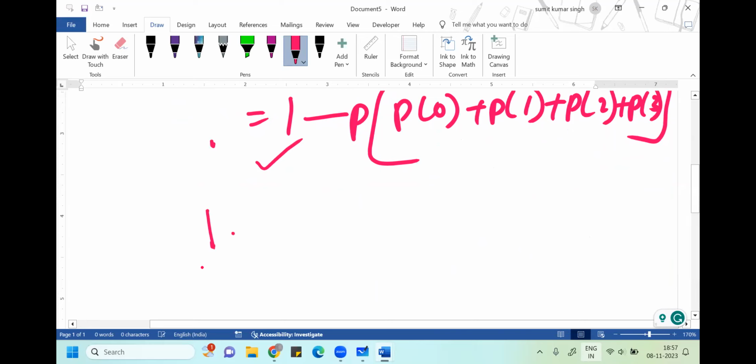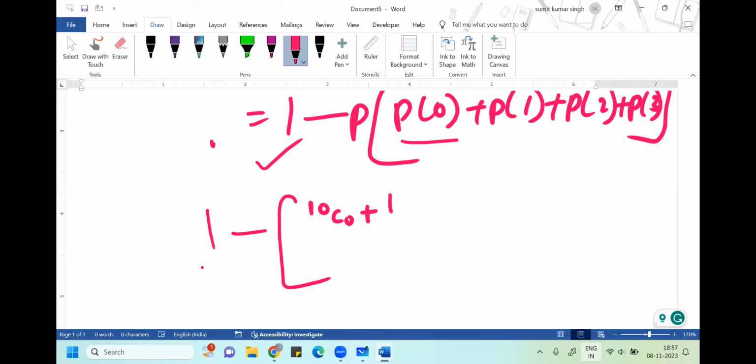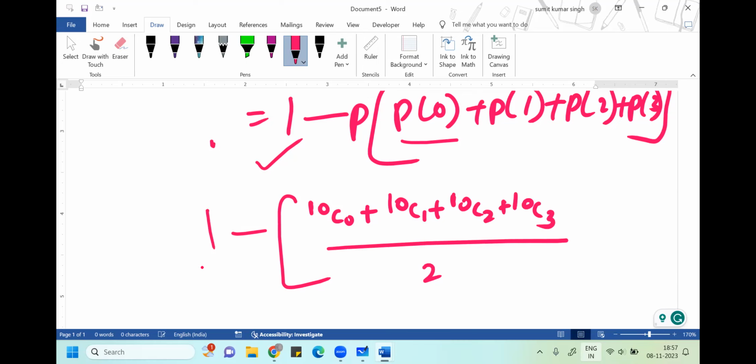1 minus, what is the probability of 0 head? It means 10C0. Can I write directly? I don't know, you guys will be comfortable. So I'll write 10C0 plus 10C1 plus 10C2 plus 10C3 by 1024, 2 to the power 10.